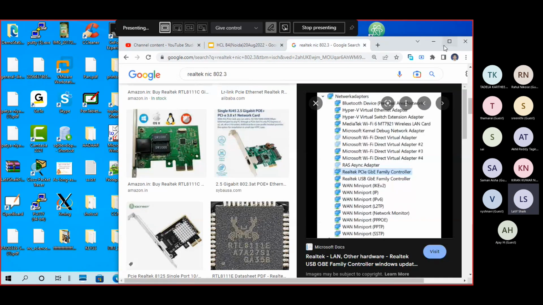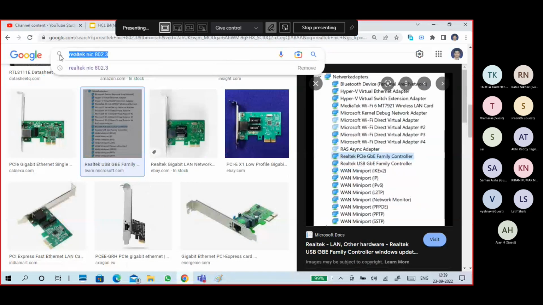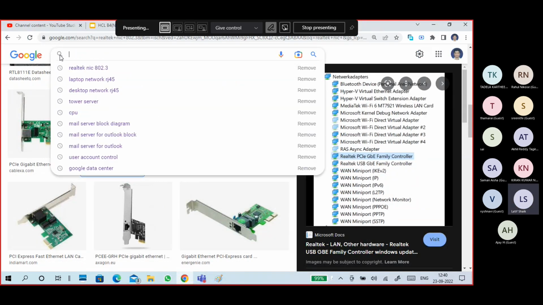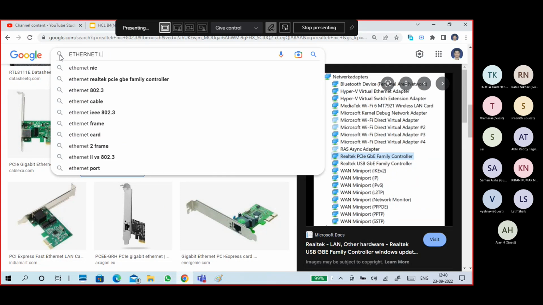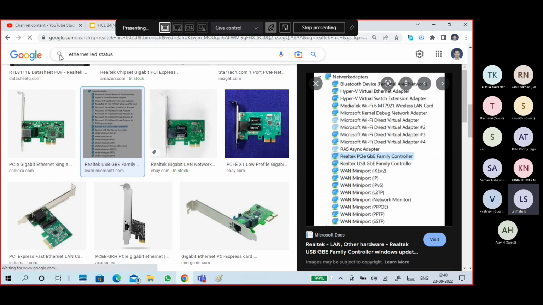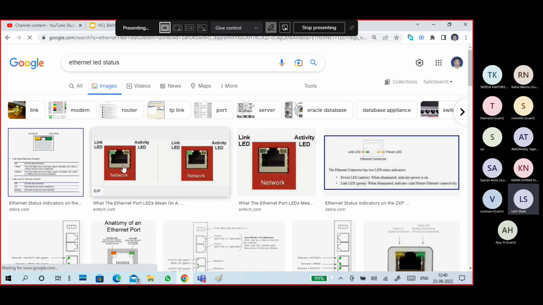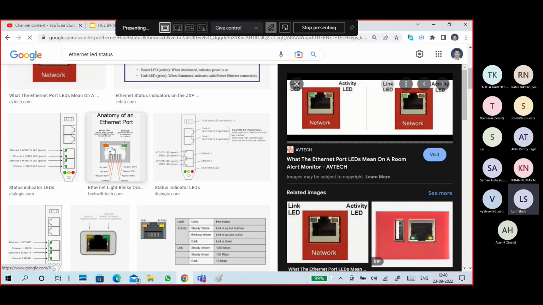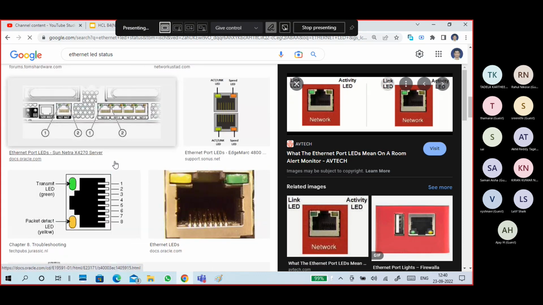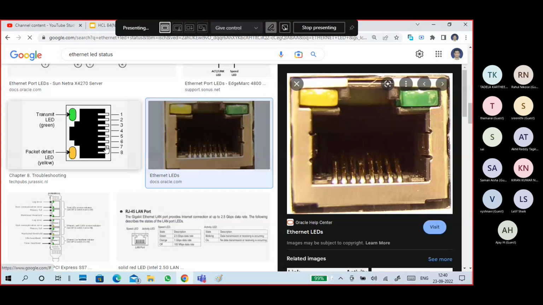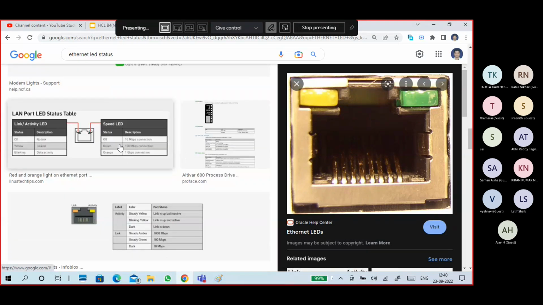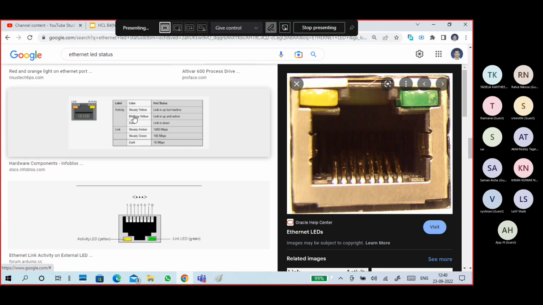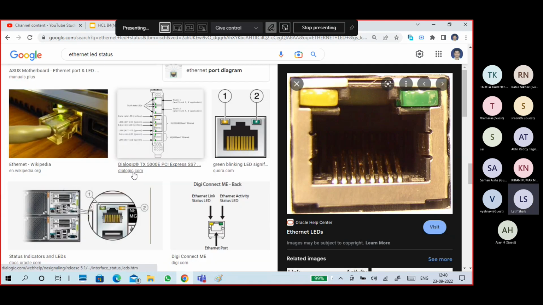If you want to see the blinking also, you can see. Check the LED status like this. So this is showing yellow and it is green. So it is activity and speed. The link is also there.